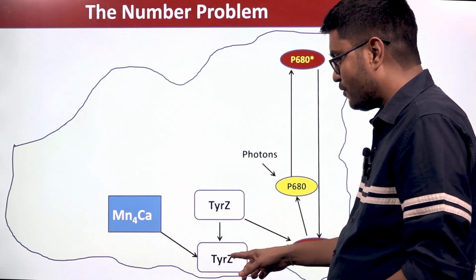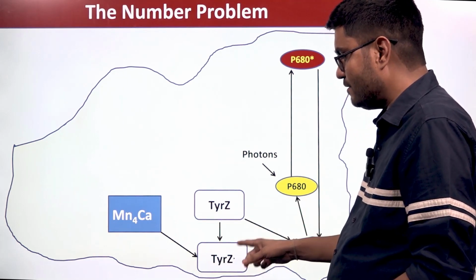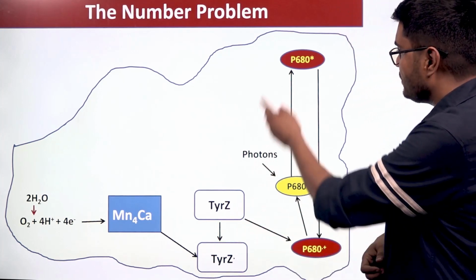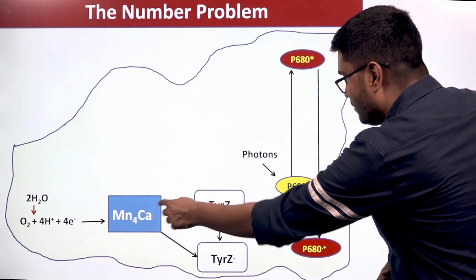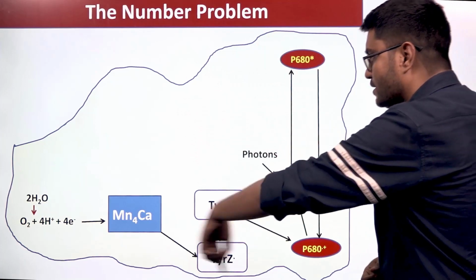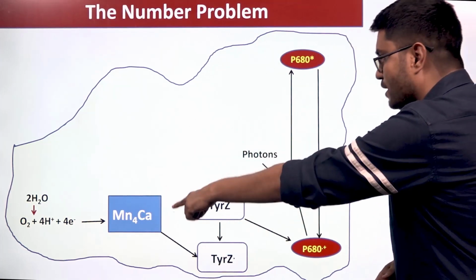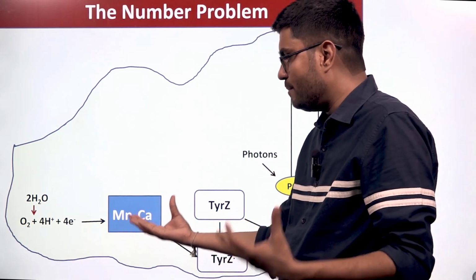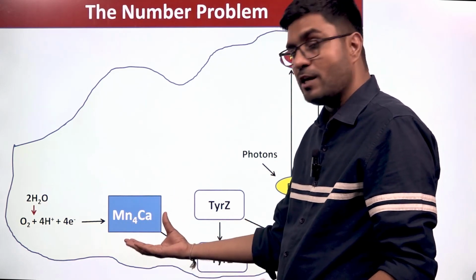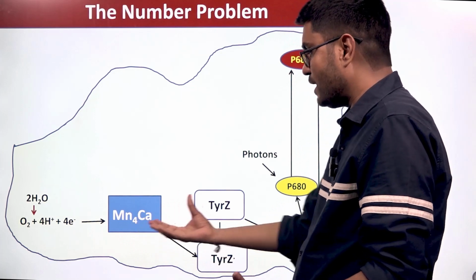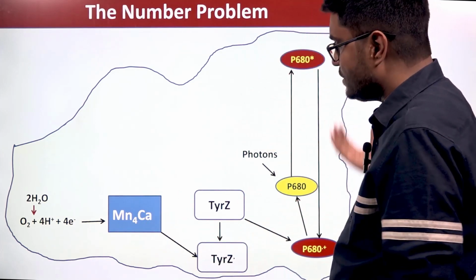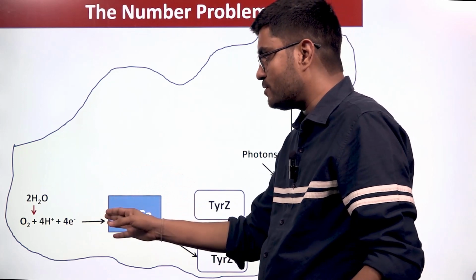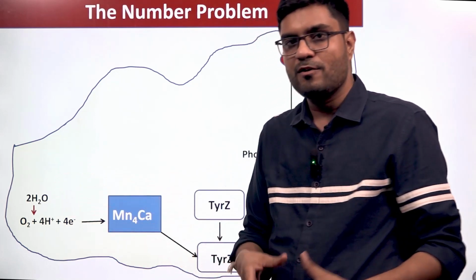One can give the electron to the tyrosine Z radical, which converts back into tyrosine Z. Now the second time, the second electron will come from manganese, the third time the third electron will come, the fourth time the fourth electron will come. Ultimately, once 4 electrons are donated by the manganese 4 calcium complex to the Z-scheme, then the whole complex will accept 4 electrons which are simultaneously released by water.